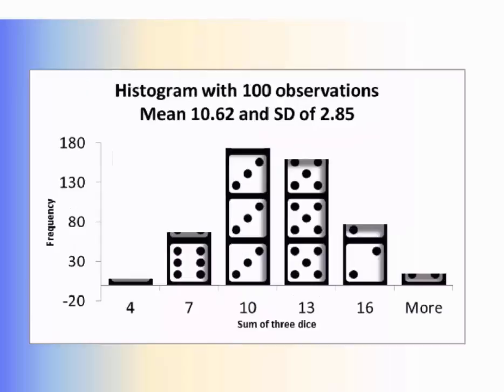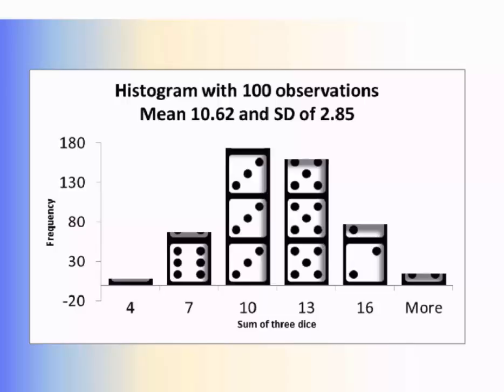But then when we went up to 100 observations, we have a mean of 10.56 with a standard deviation of 2.71. So our standard deviation has dropped down more than a point.